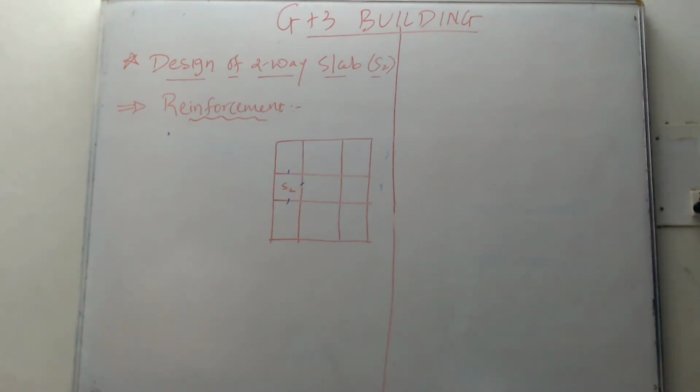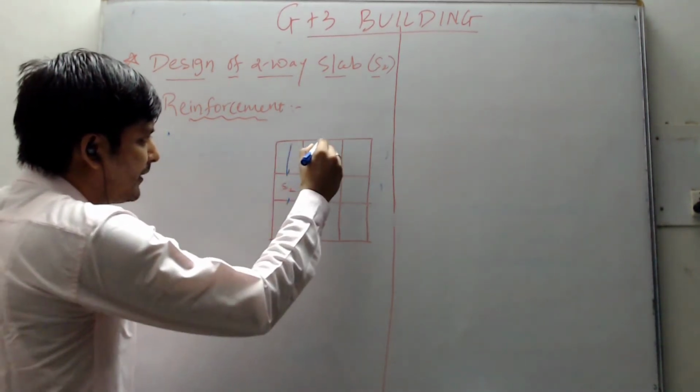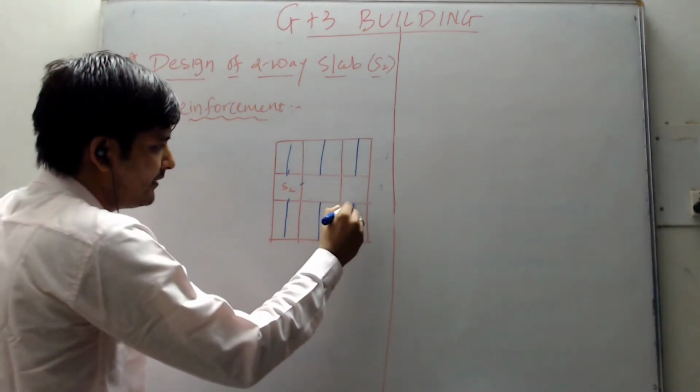So let us find out for that, right? For that we require some beam numbers, so just let me draw the full plan that we are having. These are the secondary beams that are provided, right?